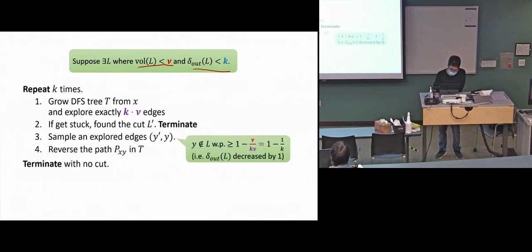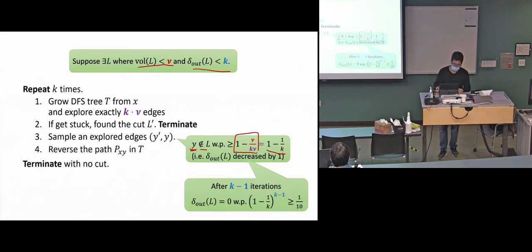Now when you sample y, it will be outside L with probability 1 minus 1 over k. And if this happens, the cut size decreases by 1.